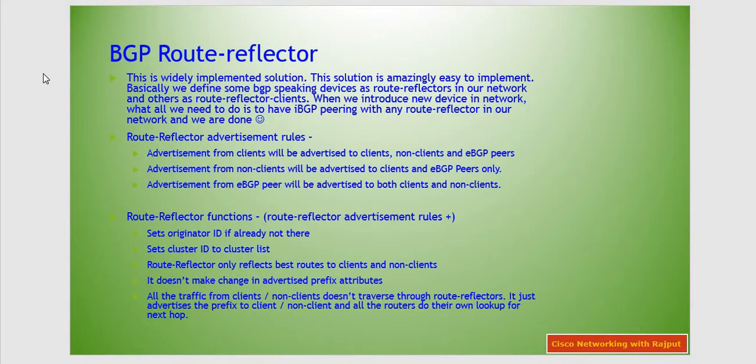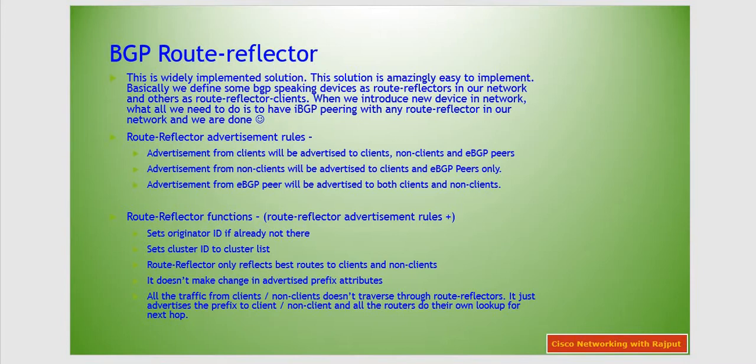In any situation, any BGP speaking router, when it gets an update from an eBGP peer, will always relay that information to all its neighbors. The same thing is happening here as well. Advertisement from an eBGP peer will be advertised to both clients and non-clients. So this is normal. The next situation is where the advertisement comes from non-clients. If we have two non-clients, then the BGP rule of split horizon works.